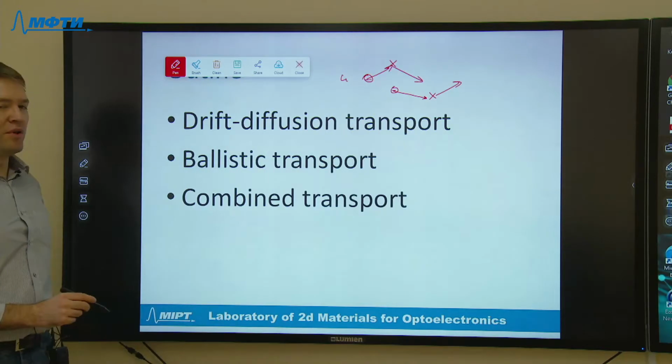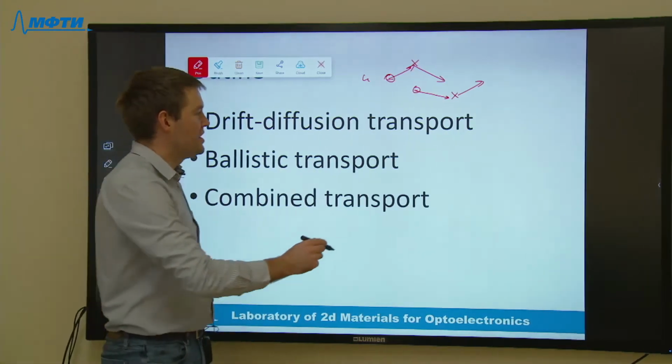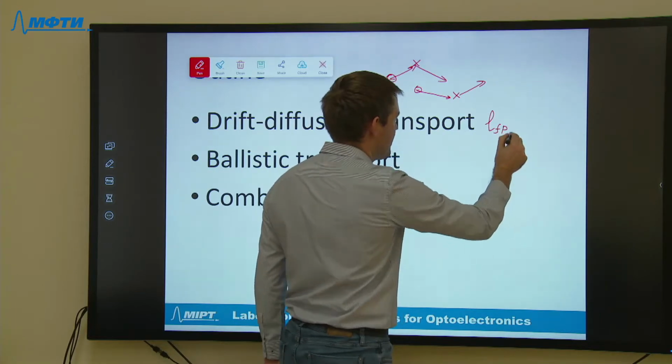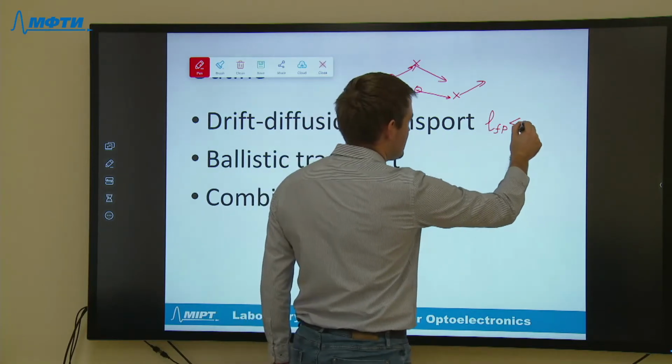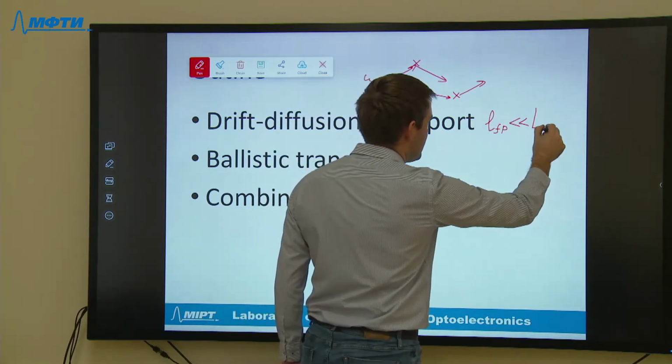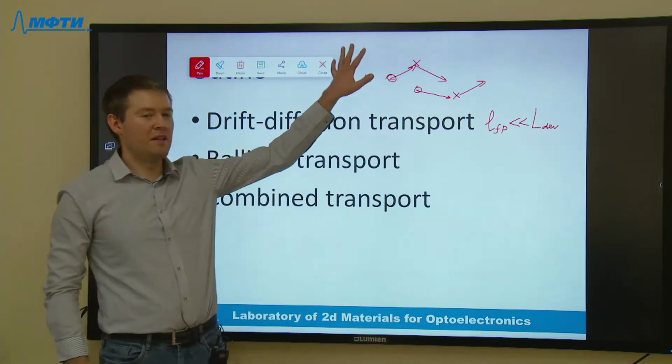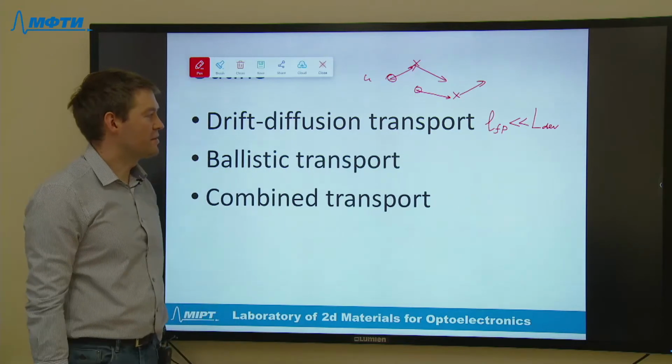The first approach, the drift-diffusion approach, is valid when the free path length of electrons is much smaller than the length of the device. And in each section, we can apply the equations of drift-diffusive conductivity.